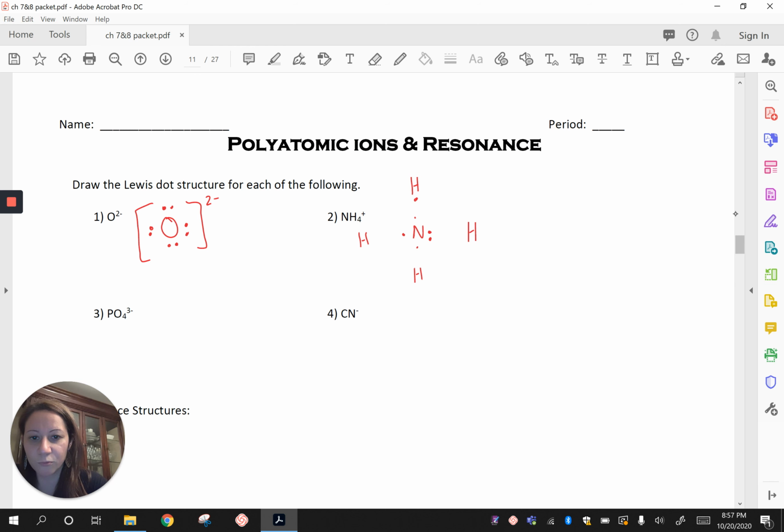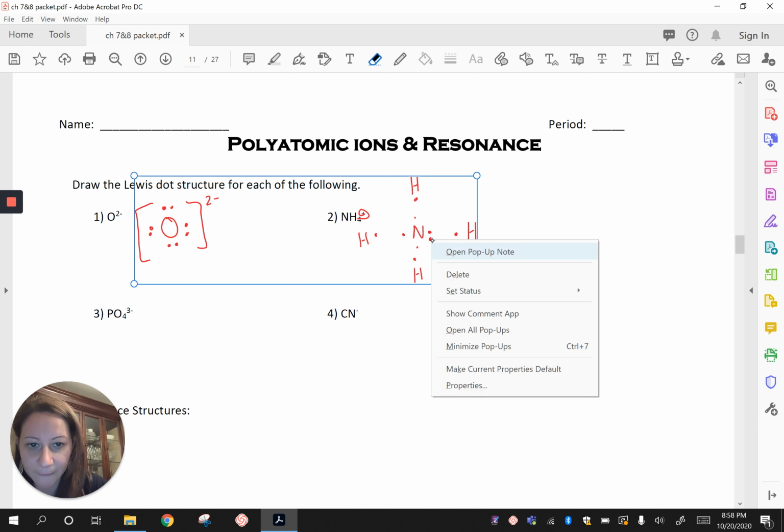Each of them has 1 valence electron. And we're going to also take into account that positive charge, which means that you have lost an electron. Now you can take it out of anywhere, because remember, when you're bonding, you can move those electrons around. So I'm going to choose to remove it from the nitrogen right here.